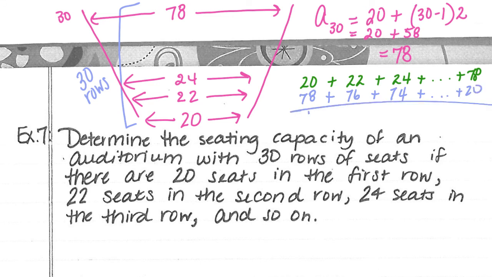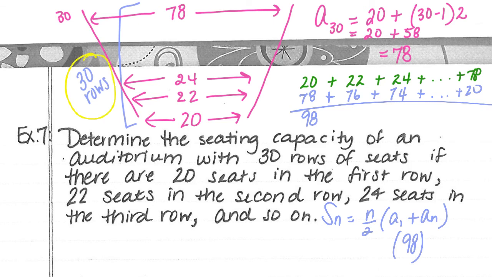So I know when I add these together, I get 98. So the sum of the numbers is equal to n over 2, first plus last. I know the first plus the last is 98, but here's the hard part. How many seats do I have between 20 to 78? Well, I guess it's not that hard because they told us that we have 30 rows, right? So there are 30 rows of seats, which means there are going to be 30 terms.